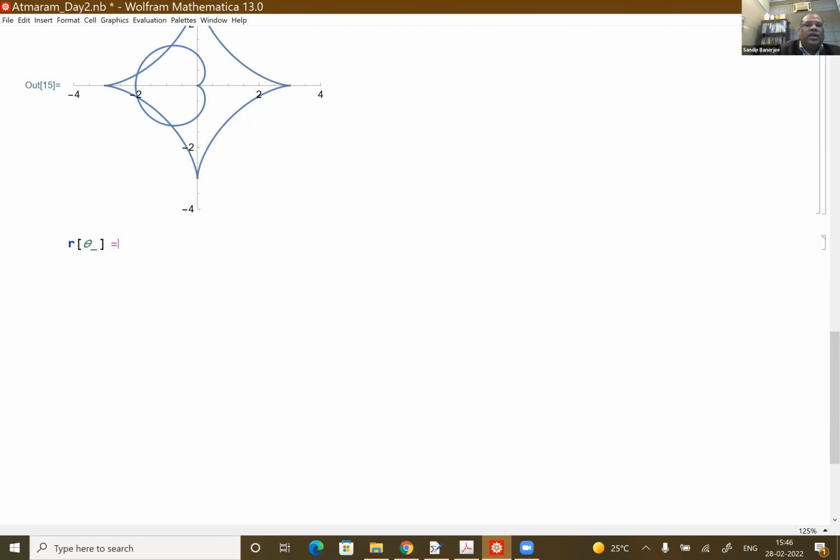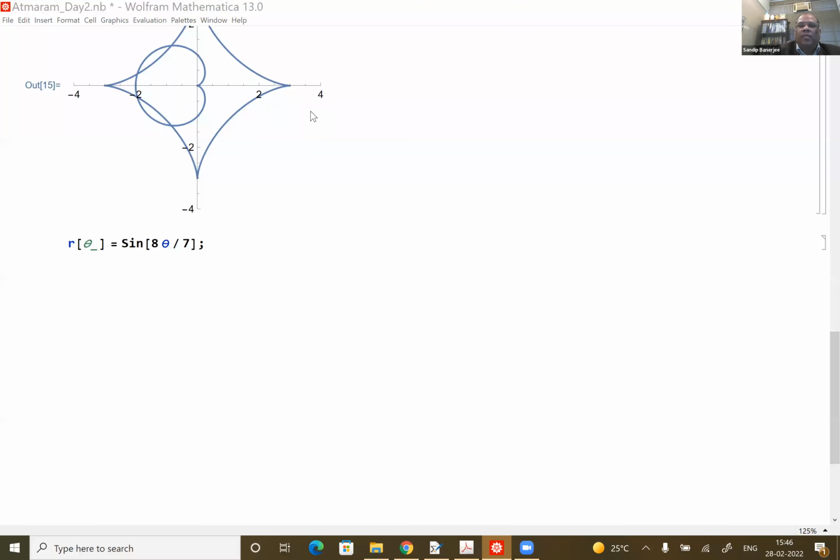I put this theta so that you can have a feel of polar coordinates. A theta by 7. Okay.